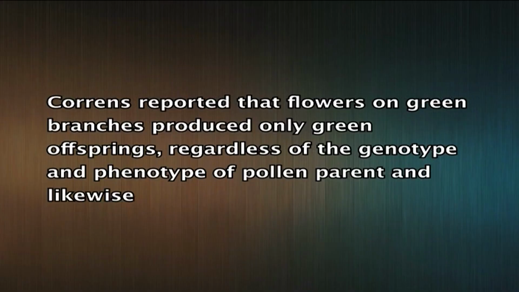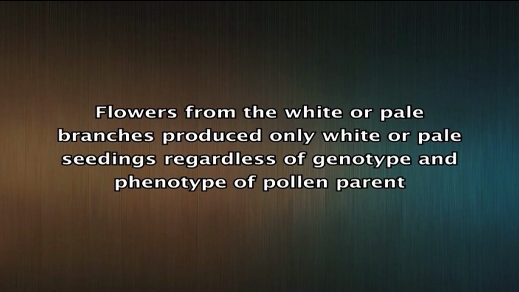Correns reported that flowers on green branches produced only green offspring, regardless of the genotype and phenotype of the pollen parent, and likewise flowers from the white or pale branches produced only white or pale seedlings regardless of the genotype and phenotype of the pollen parent. The plants developing from the white or pale seedlings die because they lack chlorophyll and cannot carry on photosynthesis.